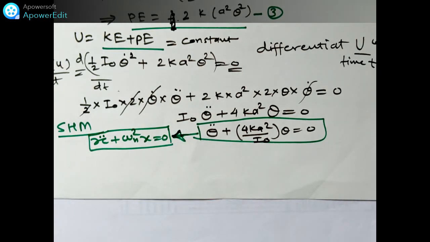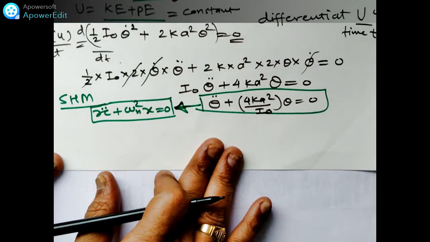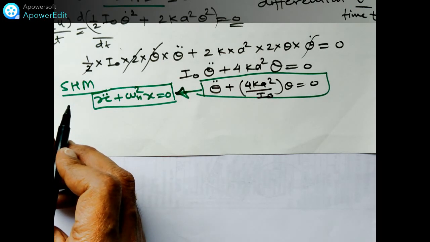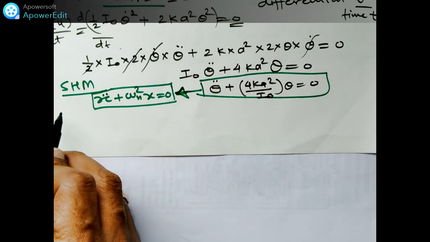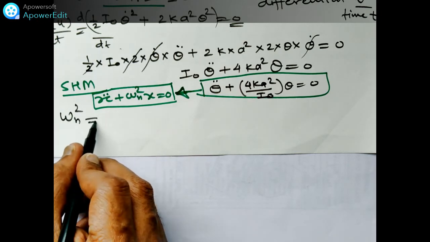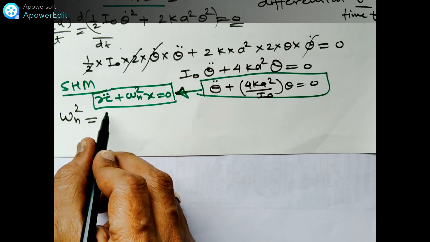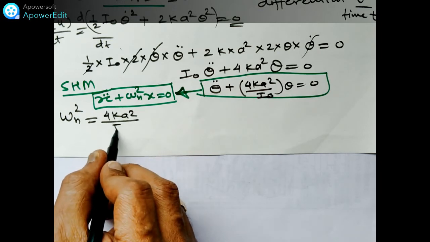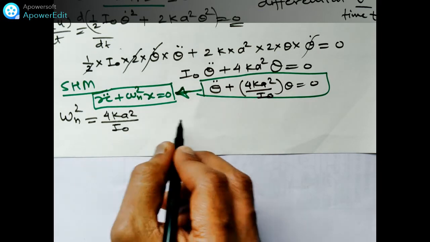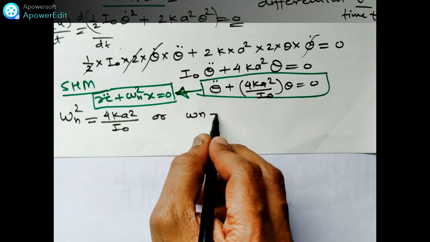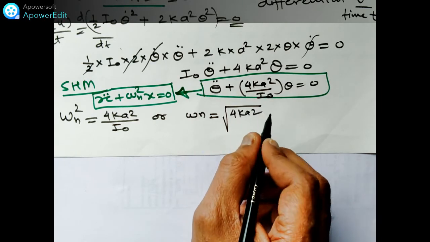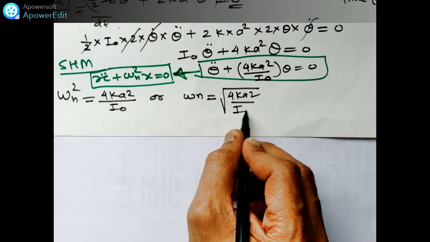So we can write here omega n square equal to 4ka square divided by I0, or omega n is equal to the square root of 4ka square divided by I0.